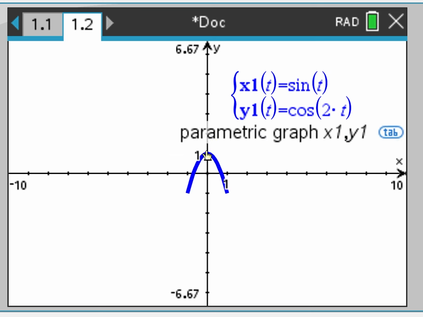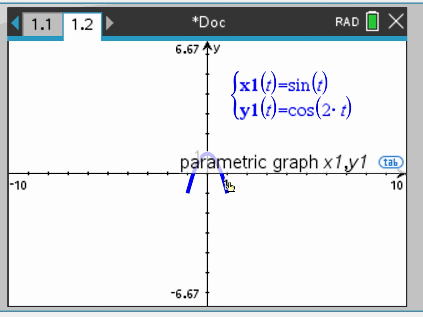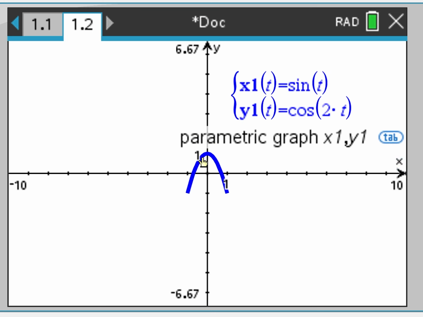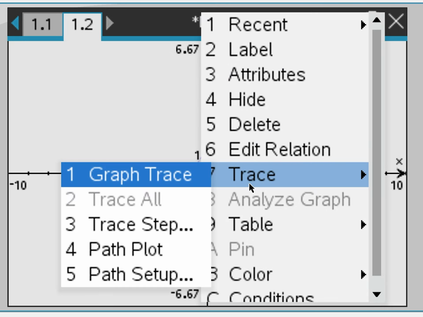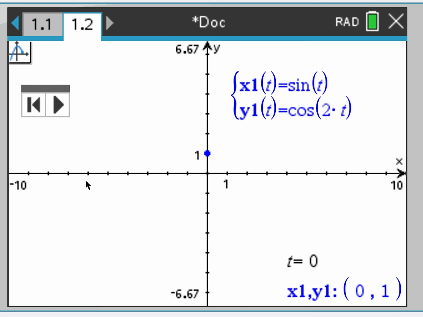So we have a parabola. So let us actually see the motion of this. If I do trace, path plot. Okay, so it's starting from 0 and 1. Let's write that down. 0 and 1.